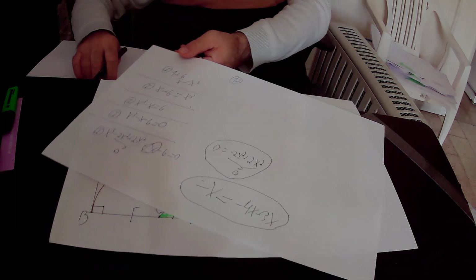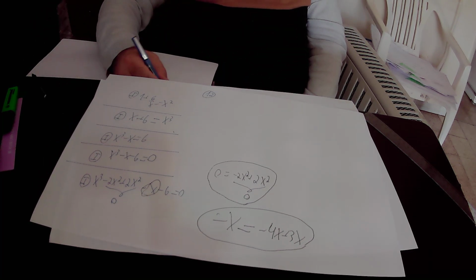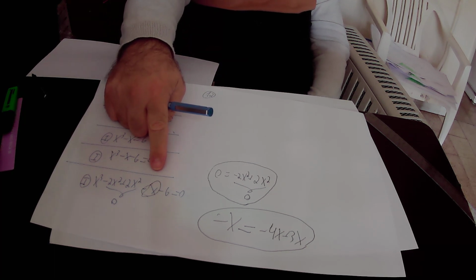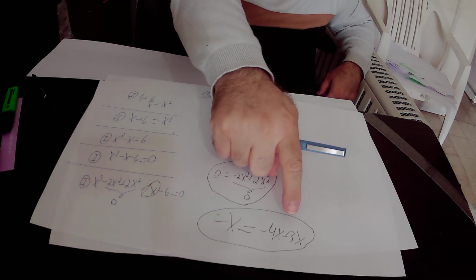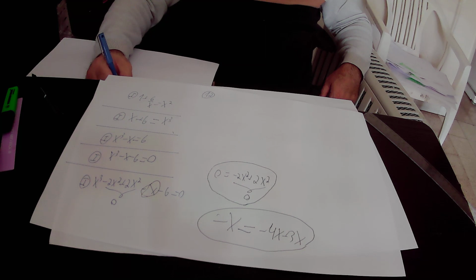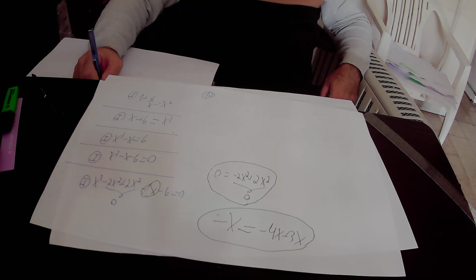Okay, and we will get that according to equation number 1, x cubed minus 2x squared plus 2x squared, and instead of minus x we write down minus 4x plus 3x, that equals to minus x, minus 4x plus 3x minus 6 equals to 0.